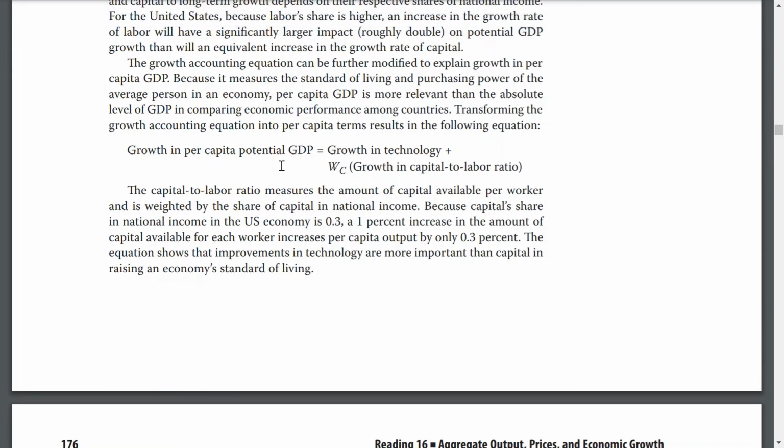The capital to labor ratio measures the amount of capital available per worker. This is weighted by the share of capital in national income, which in the U.S. economy is 0.3. A 1% increase in the amount of capital available for each worker increases per capita output by only 0.3%. The equation shows that improvements in technology are more important than capital in raising the economy's standard of living.